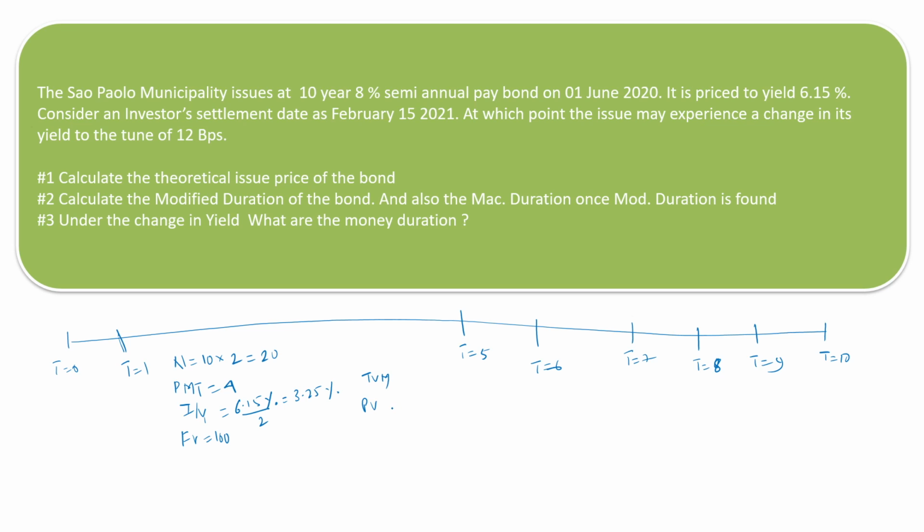So if you do the math, the theoretical fair price of the issue comes out to be, I think, somewhere around 113.67. So this becomes my theoretical fair price of the bond.